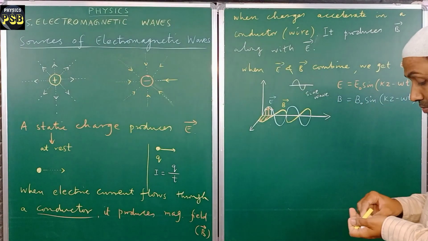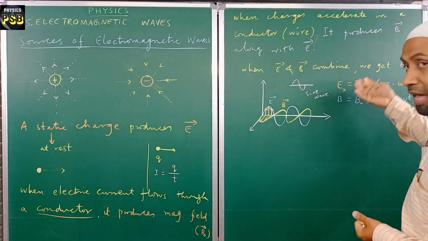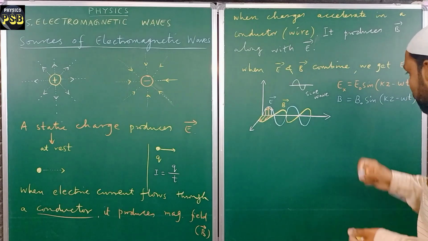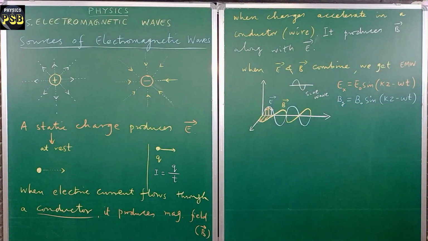Now suppose electric field acts along the x-axis, so in the place of E I take Ex, and if magnetic field acts along the y-axis, then I replace B with By.